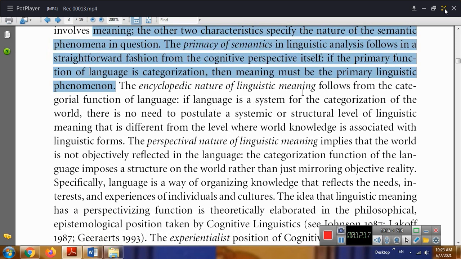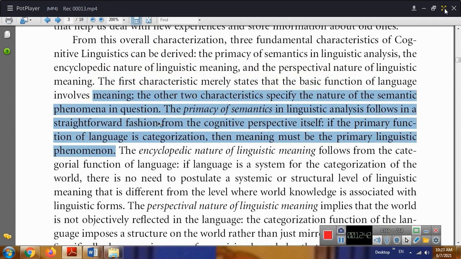The encyclopedic nature of linguistic meaning follows from the categorical function of language. If language is a system for the categorization of the world, there is no need to postulate a systematic or structural level of linguistic meaning that is different from the level where world knowledge is associated with linguistic forms. Dear students, this is important.